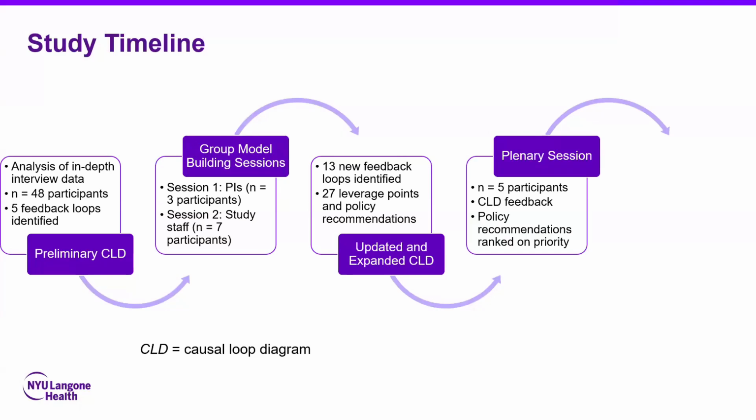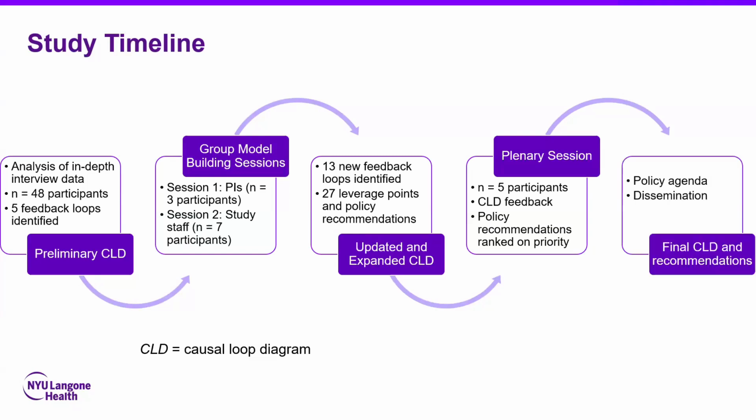And can you rank these priorities? So we had all of the participants rank the recommendations based on their priority for implementation. And now we're here where we are finalizing the policy agenda and disseminating results.